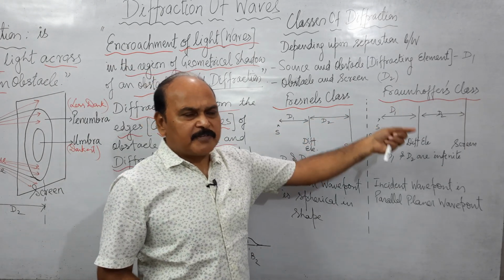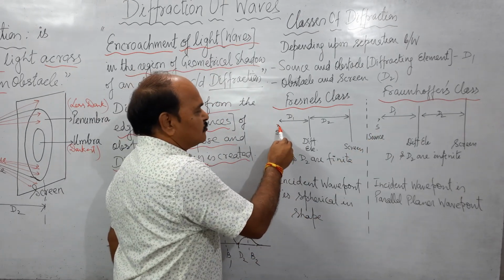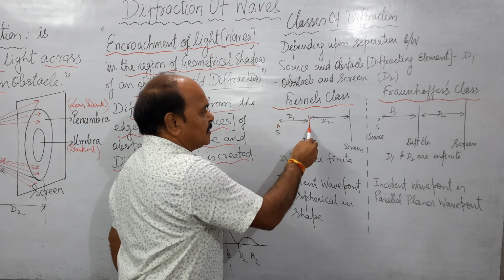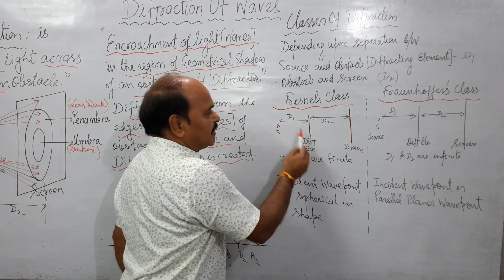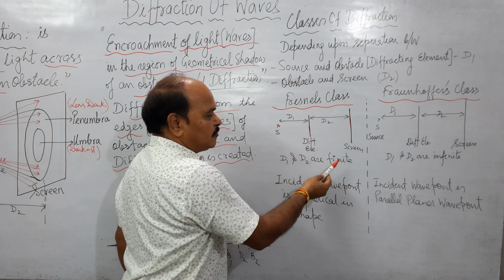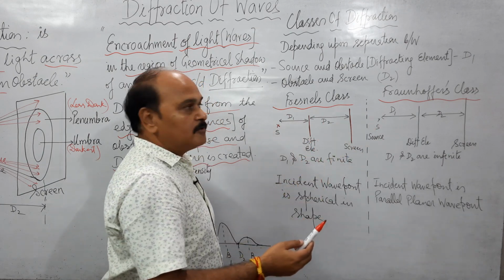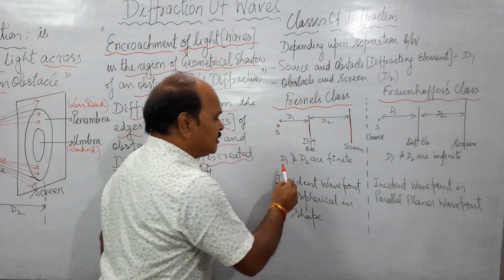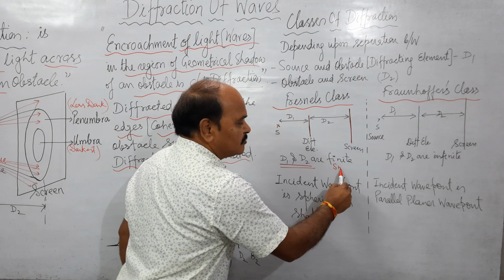So what is the difference between the 2? See, in Fresnel's class, this is source, this is diffracting element, and this is screen. This separation between source and diffracting element is D1, and the separation between diffracting element, that is obstacle, and screen is D2. So in Fresnel's class, D1 and D2 are finite and small.